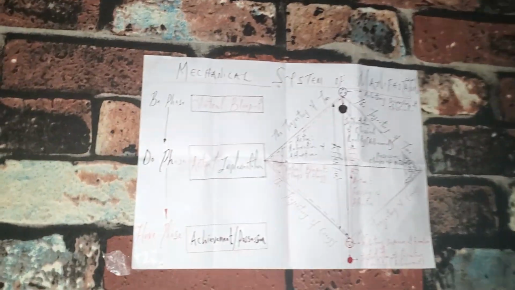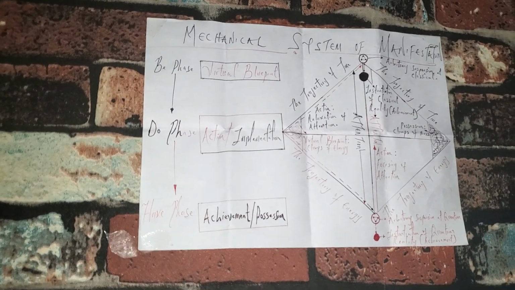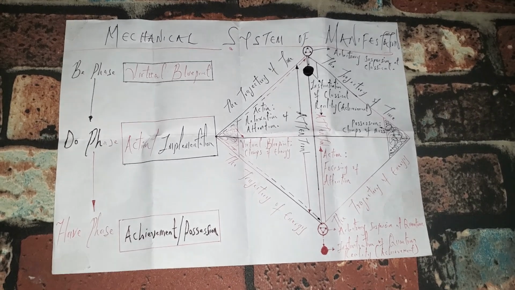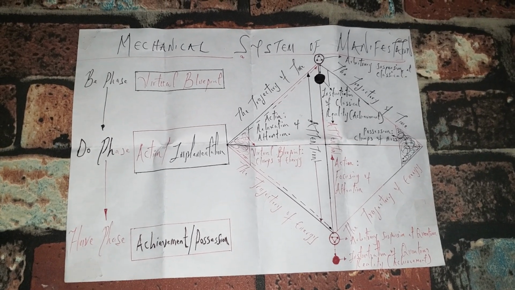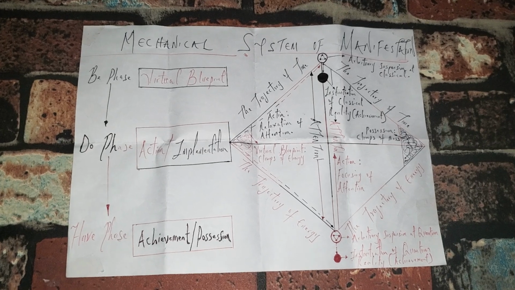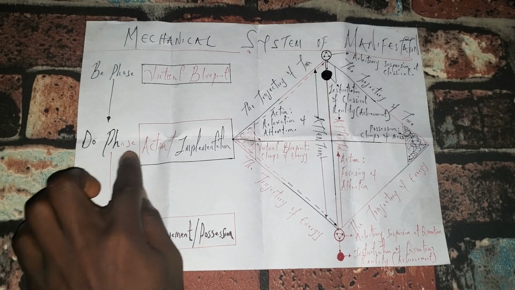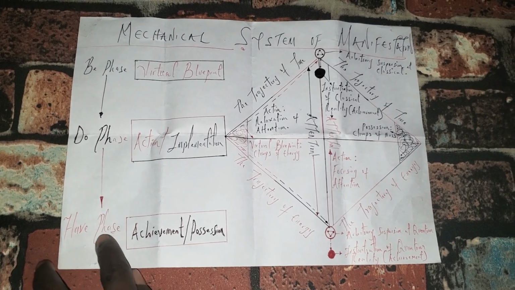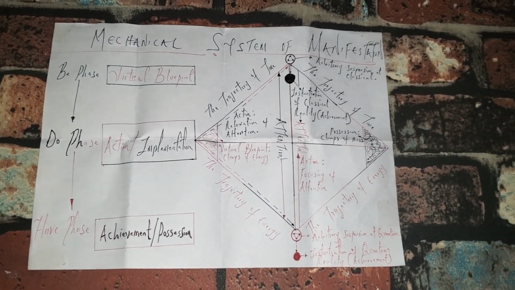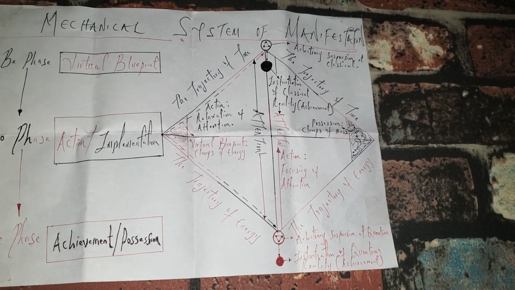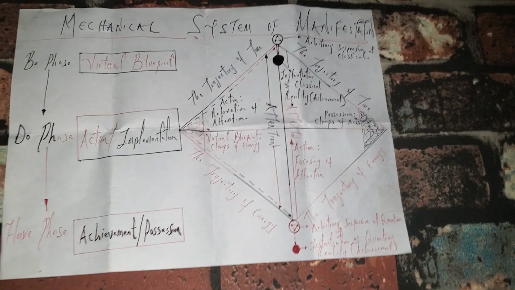This diagram is the mechanical system of manifestation. For you to manifest anything at all, you have to be in three phases. You have to be in the be phase, the do phase, and then the have phase. Now, the way the universe works is quite different from what we are so conversant with.